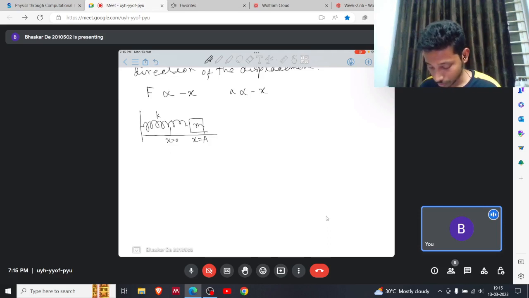The mass was initially at x equal to 0, but it is pulled to x equal to a. Now if we draw the free body diagram, the force is in this direction, this is w, and this is the N. Here you can see that the force is in the opposite direction of the displacement. The displacement is in this direction, the force is in this direction.